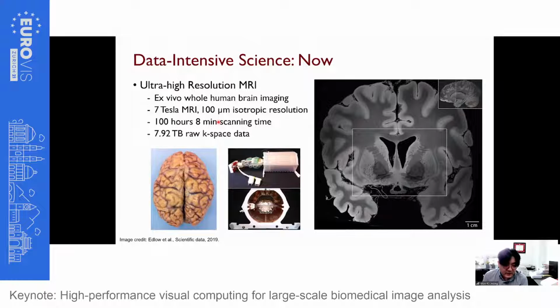The last example I want to show you is MRI. MRI uses a magnetic field to image the tissues non-invasively. These days, MRI resolution is also increasing quite a bit. In hospitals, we usually use, for example, 1.5 Tesla, where Tesla is the strength of the magnetic field in the MRI.